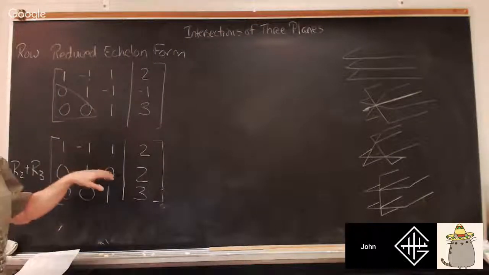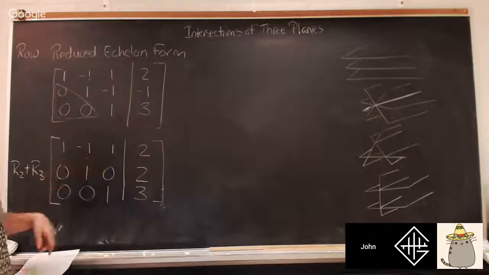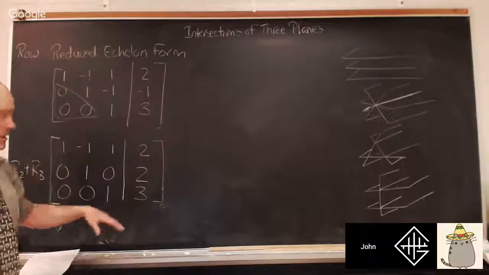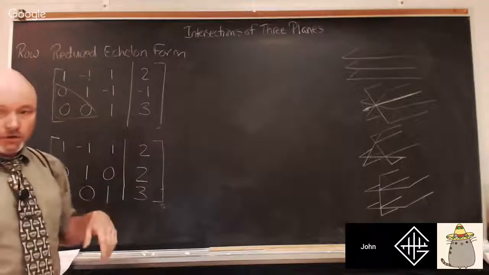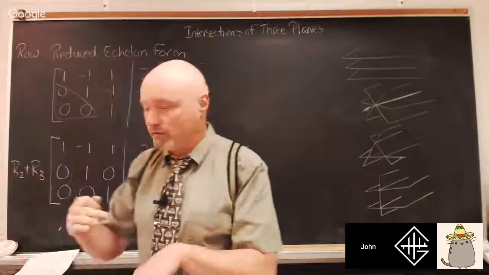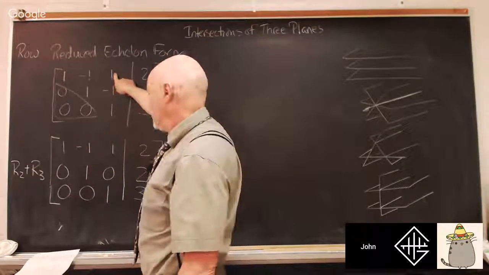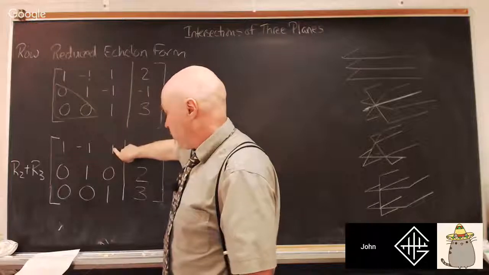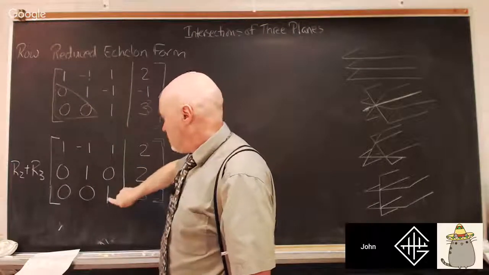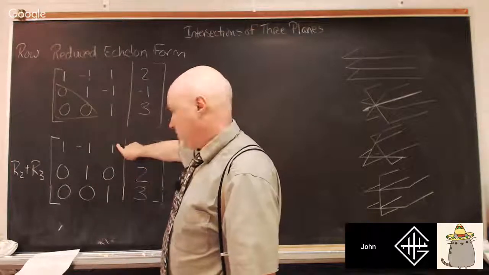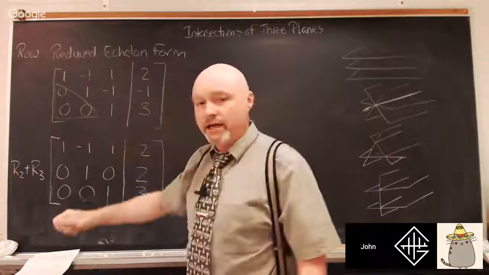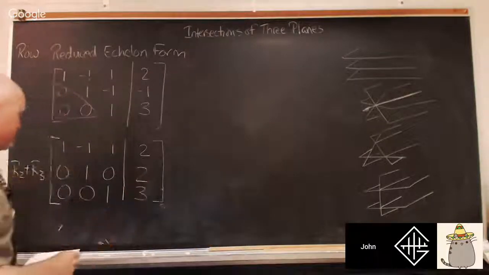My example here is just way too easy. You don't have to multiply a row by another row to make this work. So you might have to do some multiplication of a row in order to make these disappear. Like if this was a 2, for example, there would be a 2 here. I would have to multiply this by 2 and subtract. Fortunately, I don't have to do that, but you might have to do that.